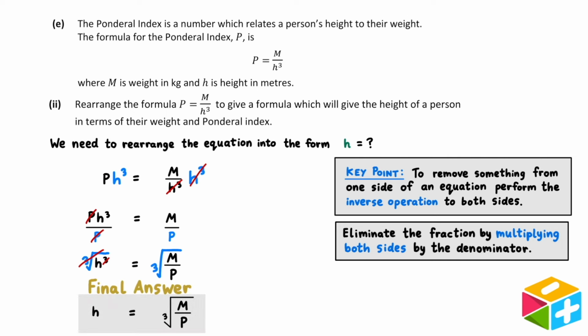We've managed to rearrange our equation into the form h is equal to something. And this is precisely what we needed to do. H is equal to the third root of m divided by p.